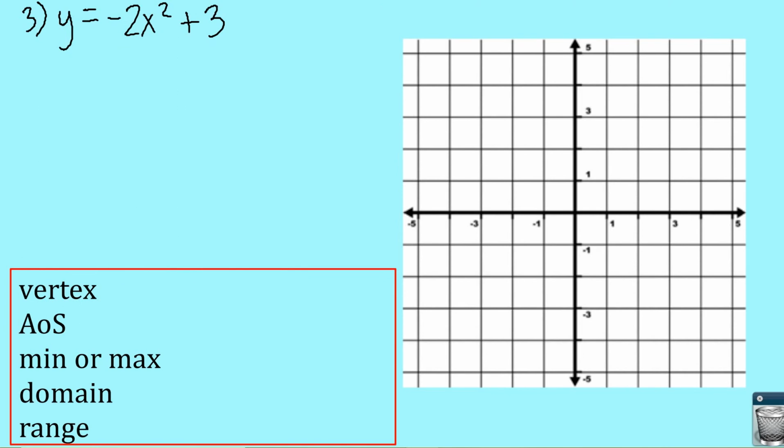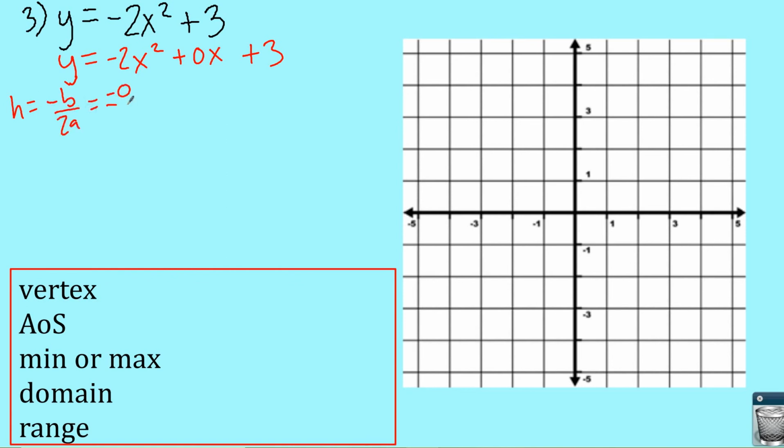So negative b over 2a. So this one is a little weird, so I'm going to write this one a little different. All right, we're missing our x value. So we could insert one by saying 0x. So then our h is negative b over 2a.